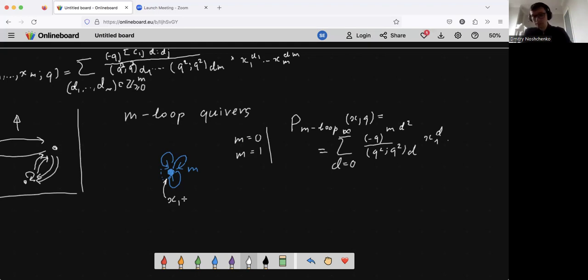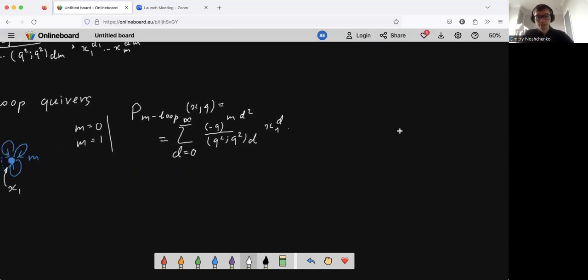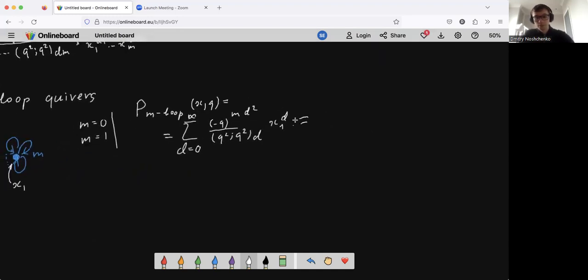As you recall, we finished yesterday by showing the factorization formula, the product form for a motivic generating series, and let's see how this product form looks for m-loop quivers. In general, one expects that this could be written in a product form as some infinite product. Maybe I can write it using q-Pochhammer symbols, in a more universal way.